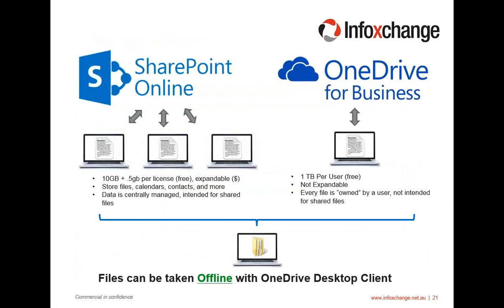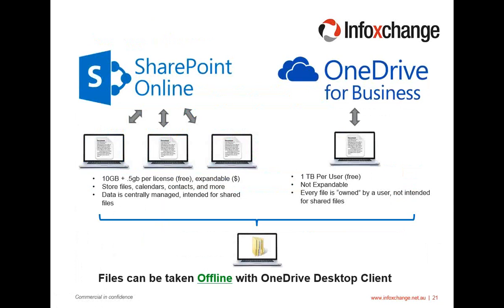SharePoint Online is a centrally managed collection of libraries and sites that would be set up consciously by a business if they were going to go down the SharePoint path. You get 10 gig plus 0.5 gigabyte per license free. What does that mean? Basically, you get 10 gig per person, so it depends on how big your organisation is.